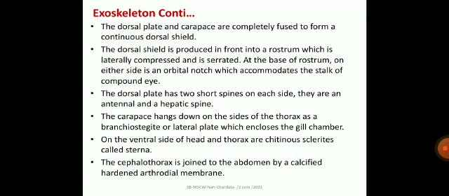Moreover, the cephalothorax is joined to the abdomen by a calcified, hardened arthrodial membrane. We have already mentioned the arthrodial membrane is usually soft and thin, but where the cephalothorax joins the abdomen, it has become a calcified hardened structure.